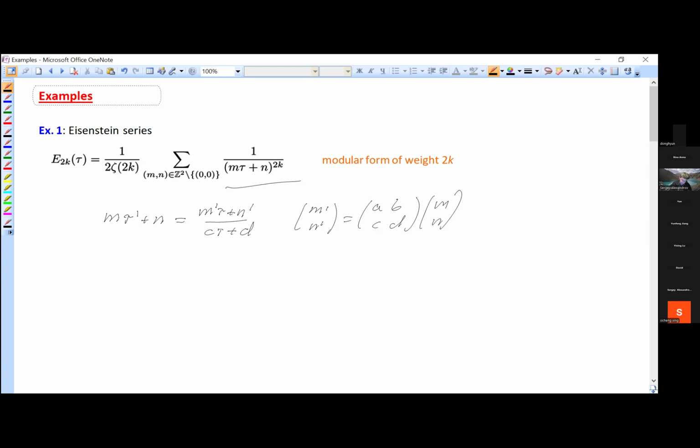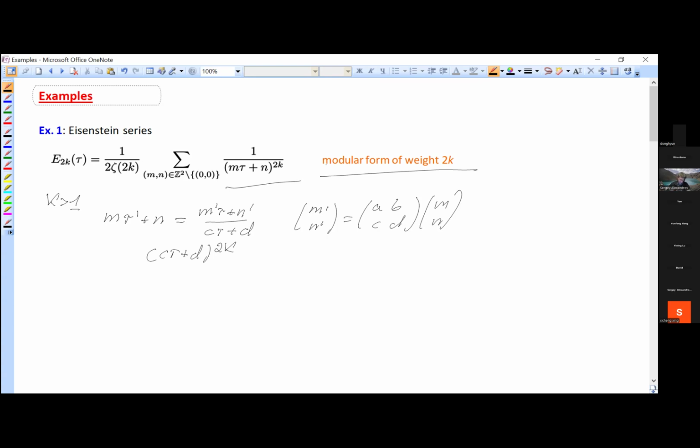You can change the sum over m, n to the sum over m prime, n prime, and what you get from the denominator, you get the standard factor c tau plus d to the power 2k, which immediately implies that this Eisenstein series is a modular form of weight 2k. I should actually add the condition here that this works for k larger than 1, where the sum is absolutely convergent.